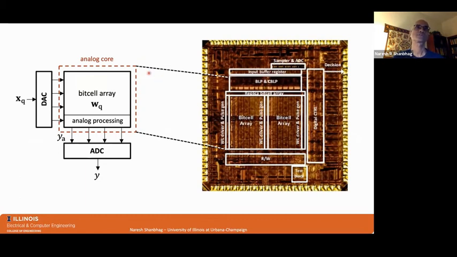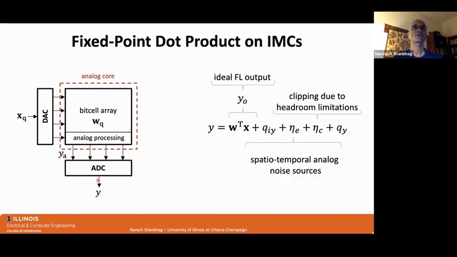This is the bit cell array. You have quantized inputs, quantized weights, and you have an analog output, which then is quantized by the ADC to generate the output, Y. Very similar to the dot product problem. In fact, the only new terms that show up are these two eta terms, which are analog artifacts.